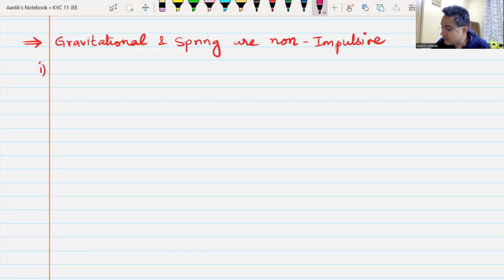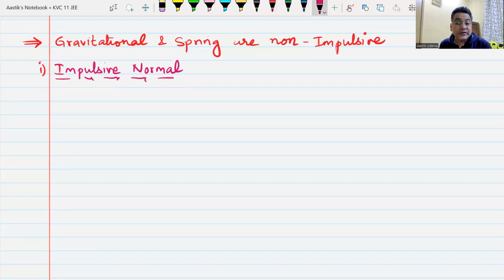The first one in the category is impulsive normal. When is the normal force impulsive and when is it non-impulsive? Everything depends on the case to case scenario.